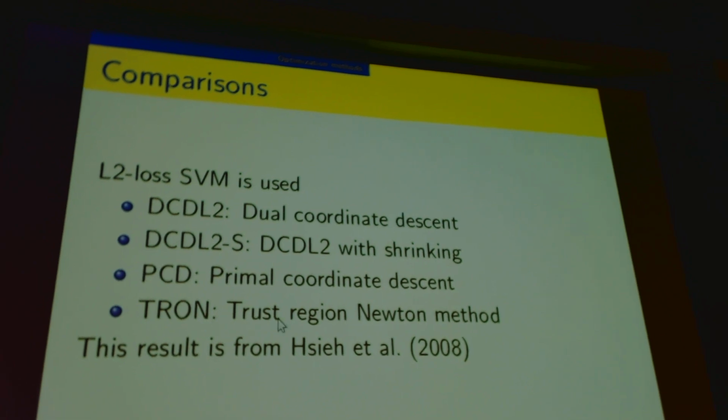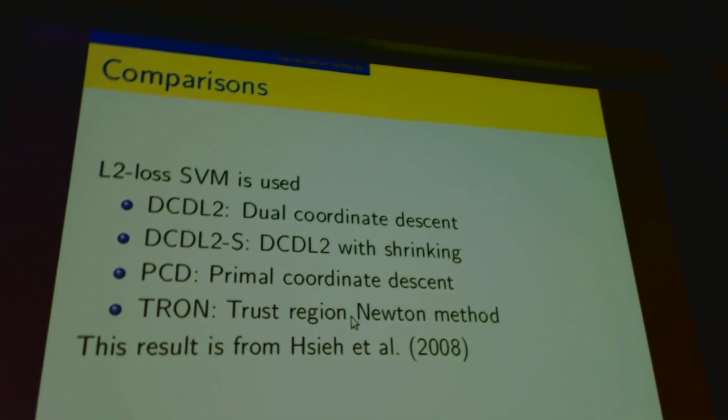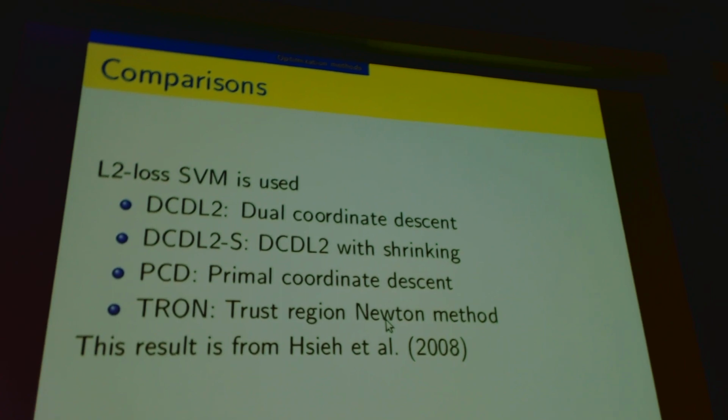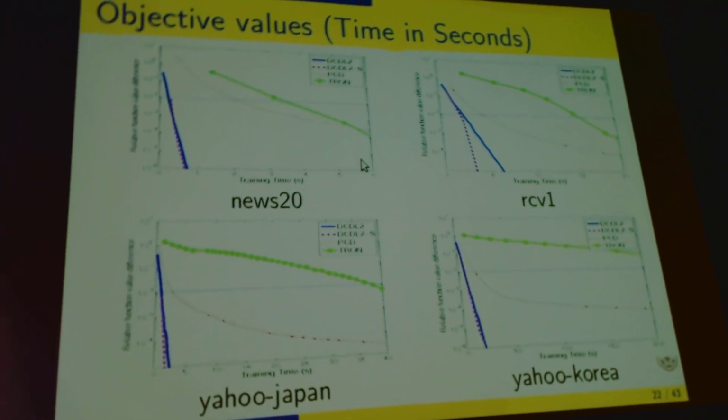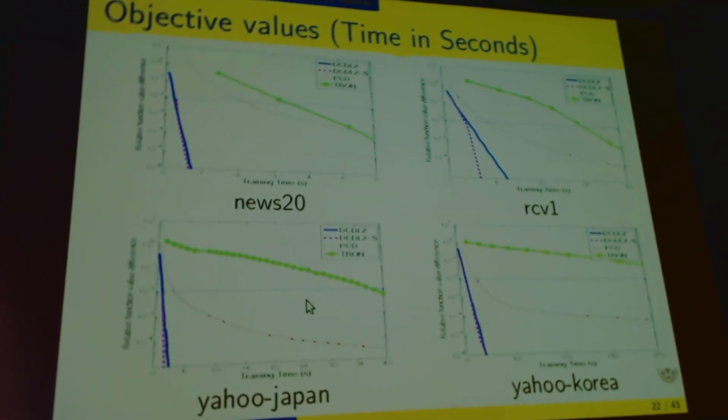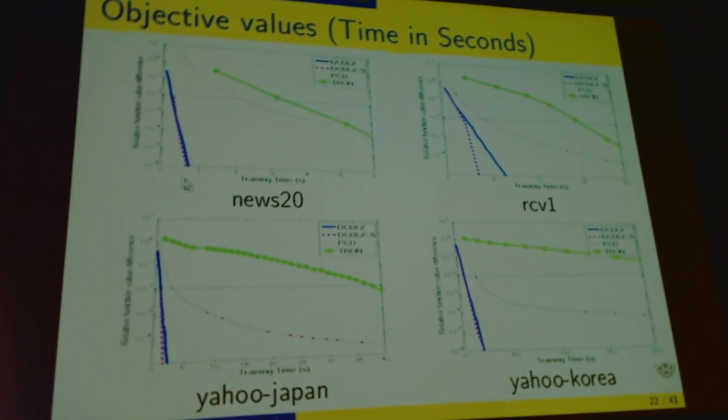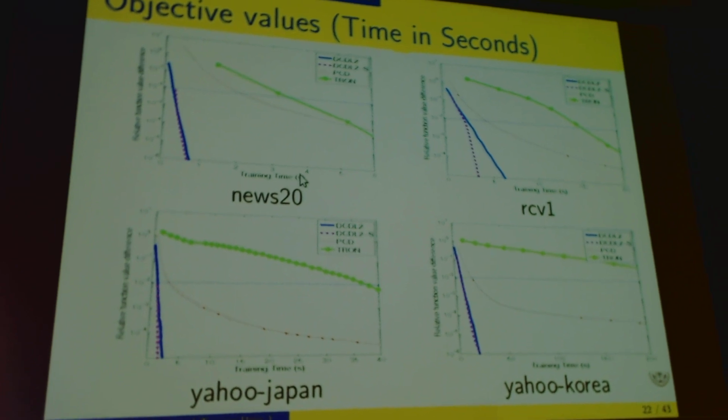And then the fourth one is the Newton method. That's a particular type of Newton method called trust region Newton method. So that corresponds to the second order method I just mentioned. So now we have the results of several problems. The x-axis is the training time in seconds.